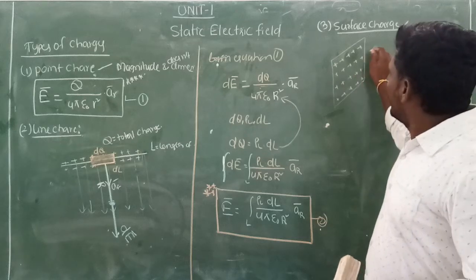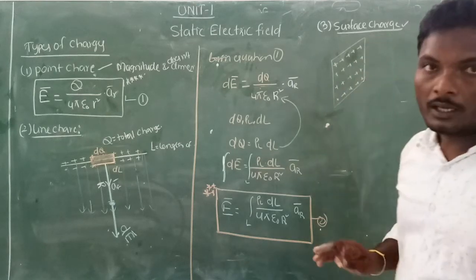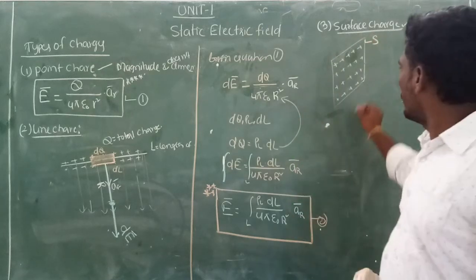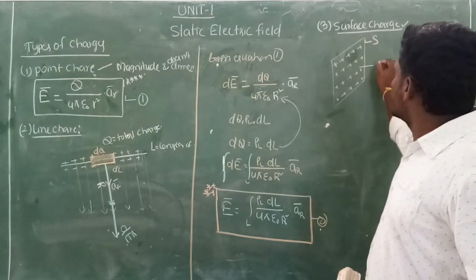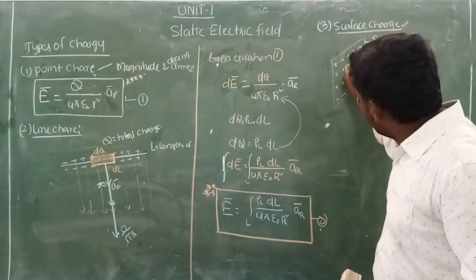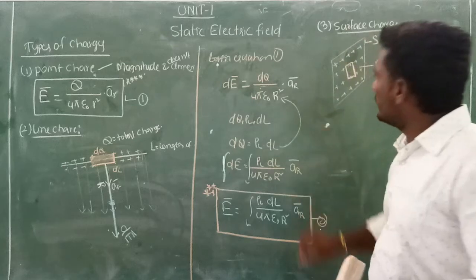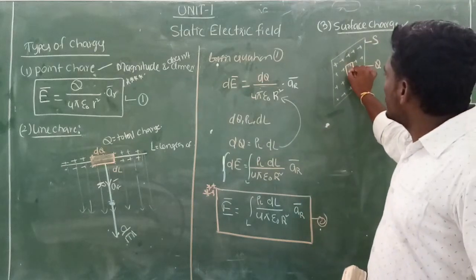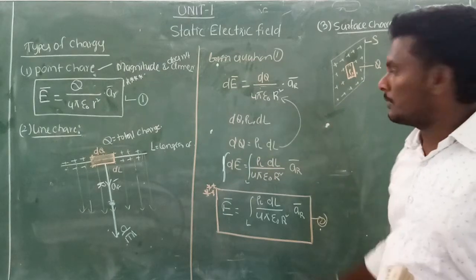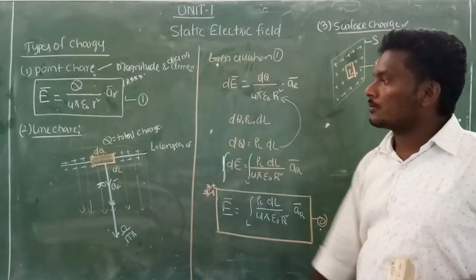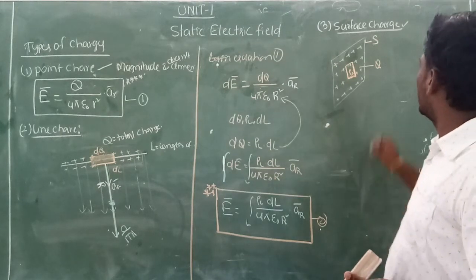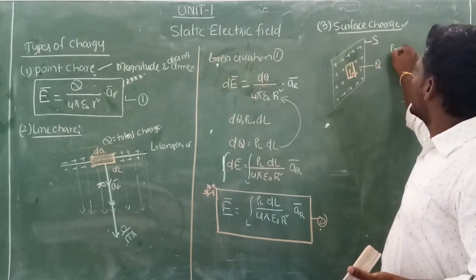And if the surface area is S and the total charge on the surface is capital Q, and if you want to define the charge density, it is represented by rho s. Rho subscript s means surface charge density here, whereas rho l is defined where l is for line charge density.